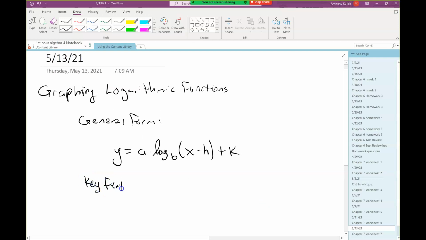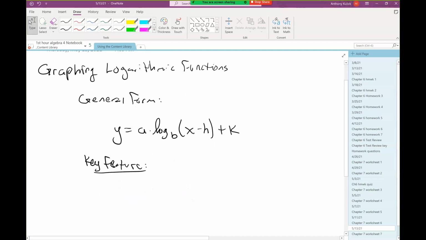There is one key feature that we need to make sure appears in every graph for our logarithmic functions. That is a vertical asymptote. And that vertical asymptote is going to be easy to find because it's always going to be x equals h.